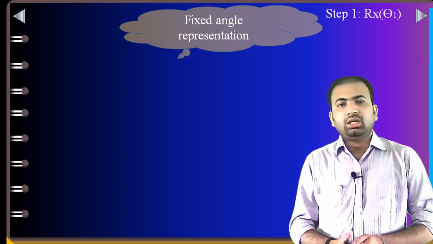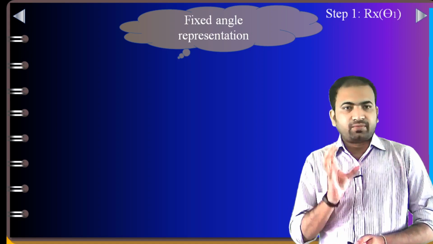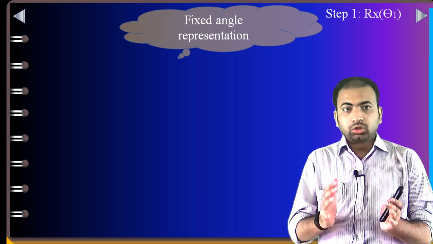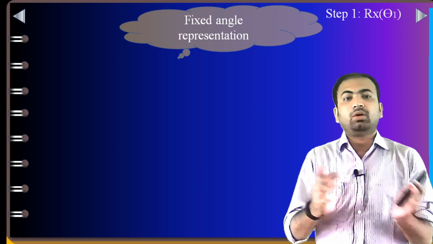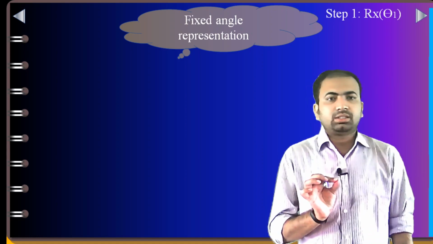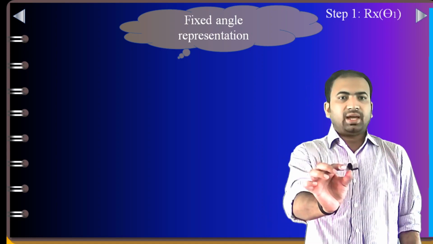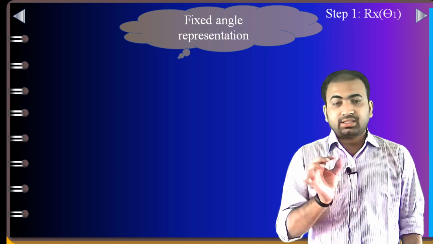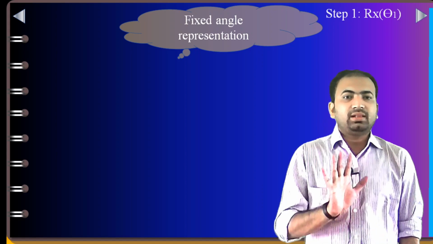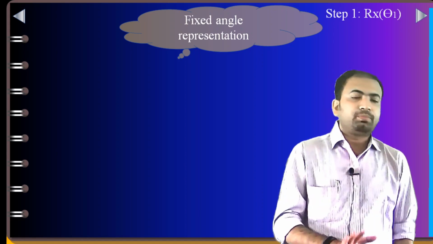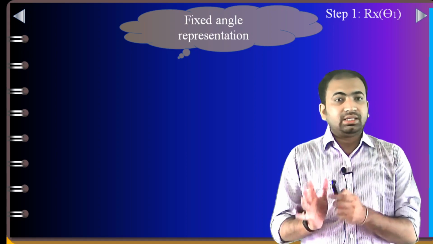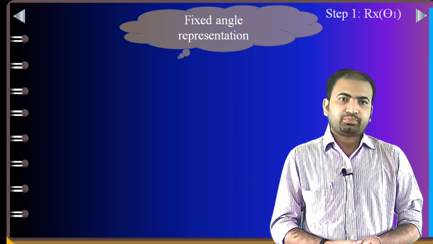Step number 1 is, if we consider any frame, say frame 1, and frame 2 also, which is coinciding or overlapping on frame 1, then our first intention is, with respect to the x axis, we have to rotate the second frame by an angle theta 1, which can be represented as Rx theta 1, as already discussed in the previous class.